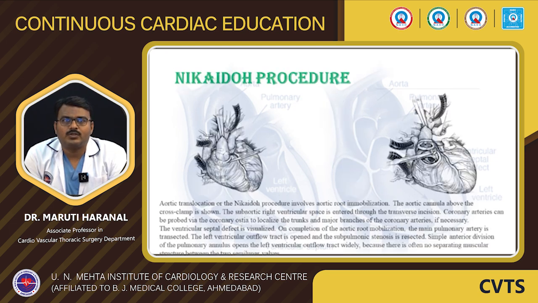Nikaidoh procedure, also called aortic translocation, wherein we mobilize the entire aortic root along with the coronaries. Sometimes coronary buttons have to be harvested based on the coronary anatomy. Left ventricular outflow tract is enlarged by incising the VSD and resecting the subpulmonary stenosis.